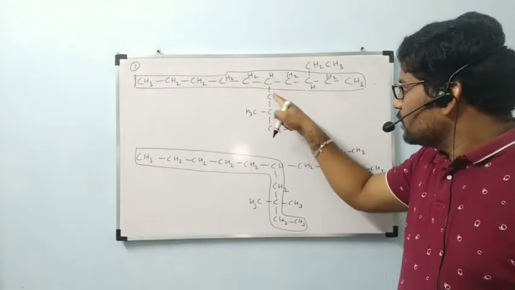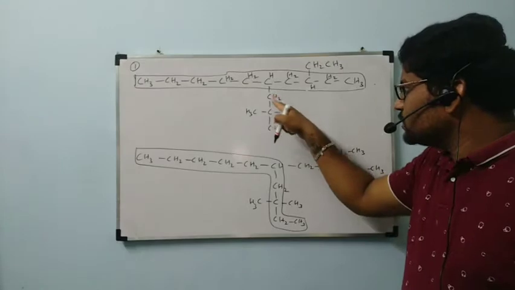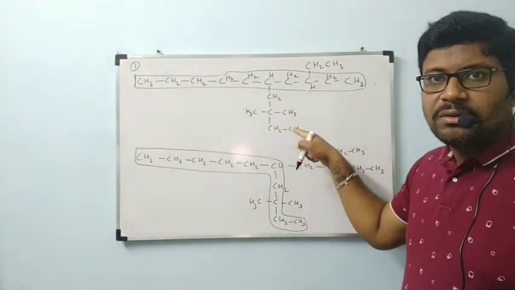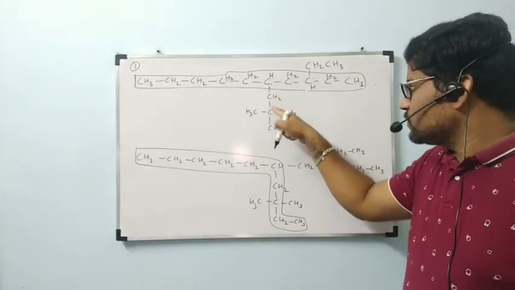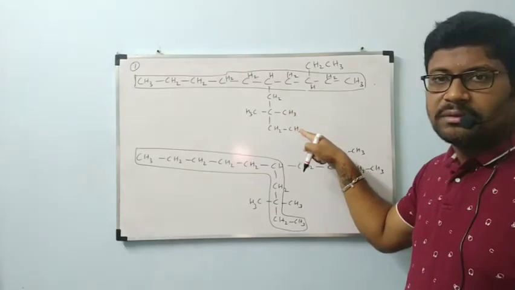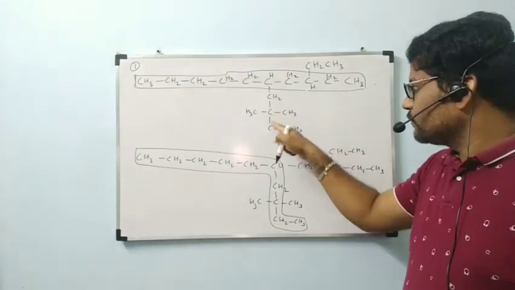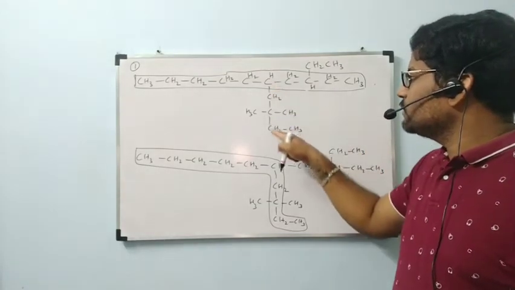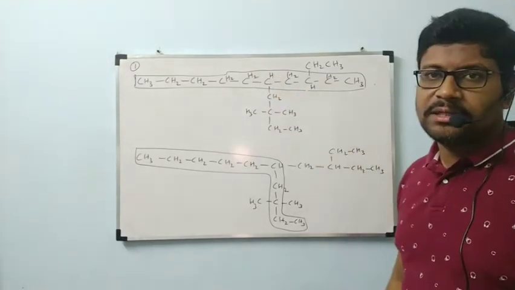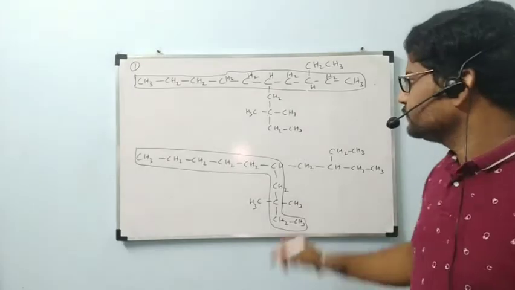Next, this is directly bonded. This total chain is one chain, a continuation only, no discontinuation. So this is totally one chain which is directly bonded to the parent chain. So that is also a side chain.